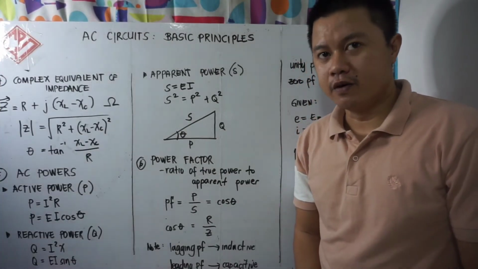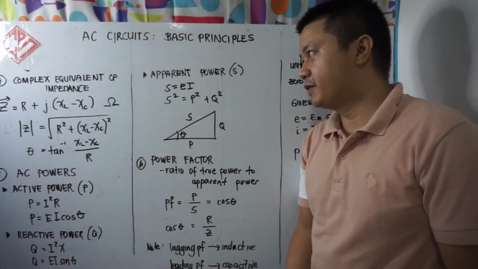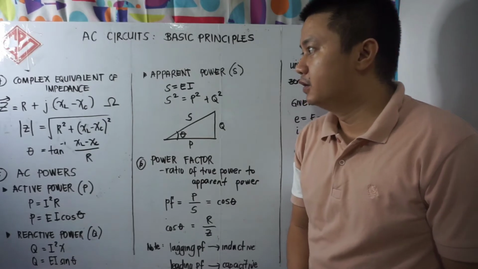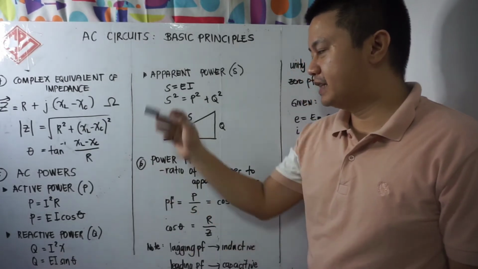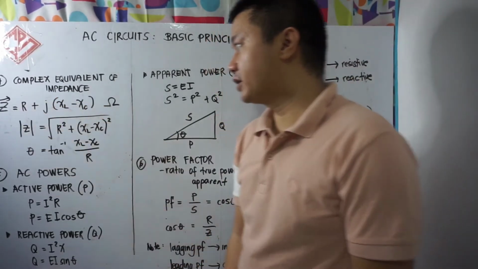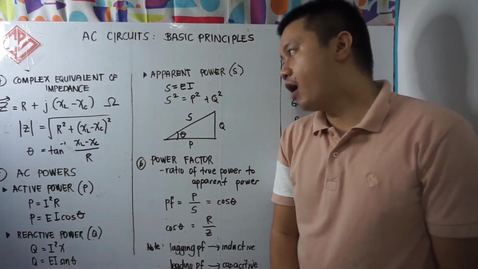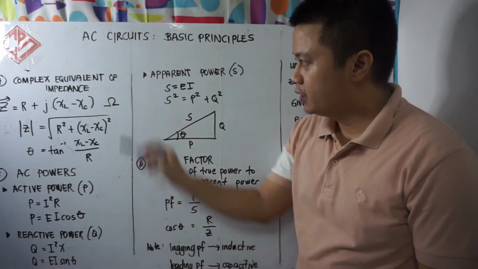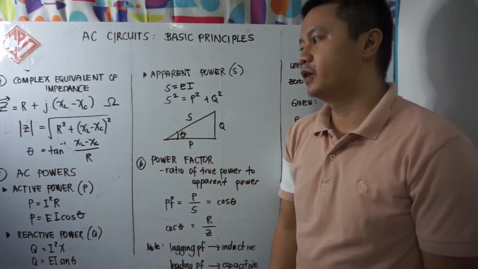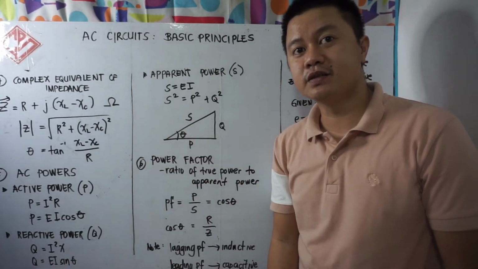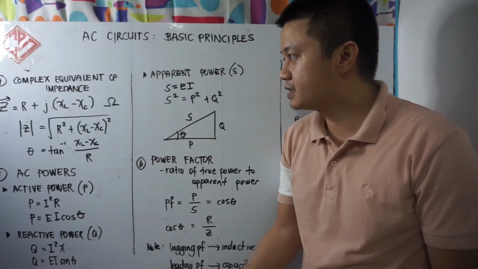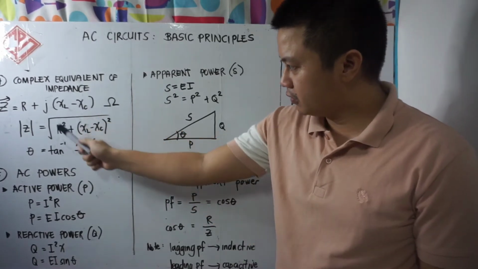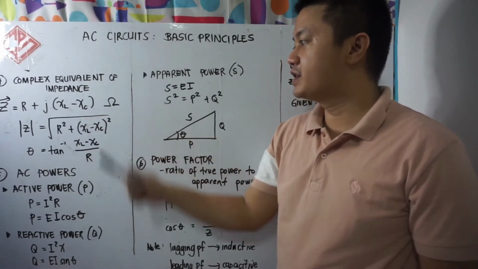For number 4, we have the complex equivalent of impedance. Take note that this Z is a vector quantity. Z is equal to R plus J times (XL minus XC). This is in terms of ohms. If you wish to get the magnitude of your impedance, this is just equal to the square root of R squared plus (XL minus XC) squared.